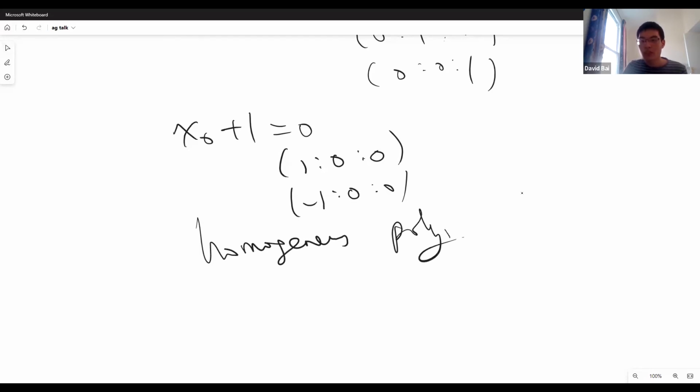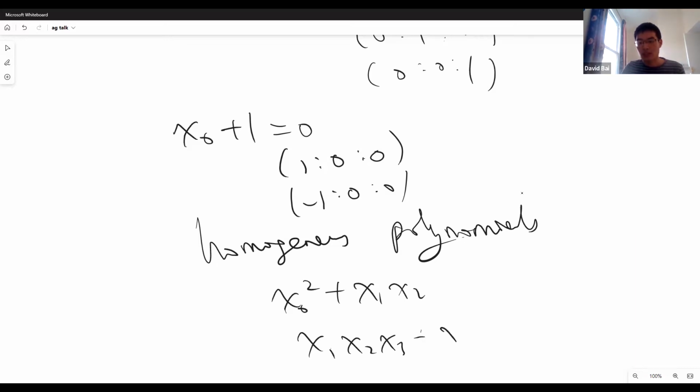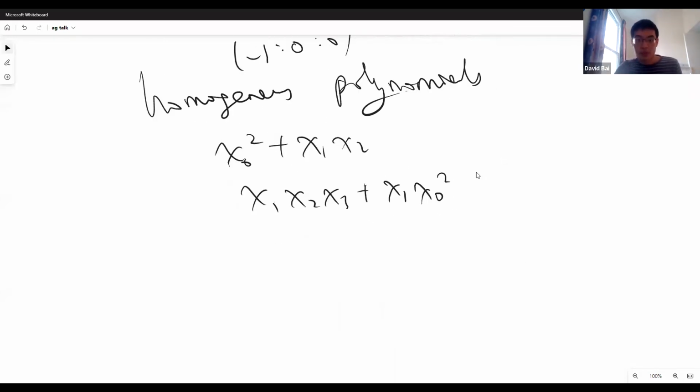These are the polynomials all of whose monomials have the same degree. So this has things like x0 squared plus x1 x2. This has degree 2 and this has degree 2, so it's homogeneous. Maybe x1 x2 x3 plus x1 x0 squared. So these are all homogeneous.